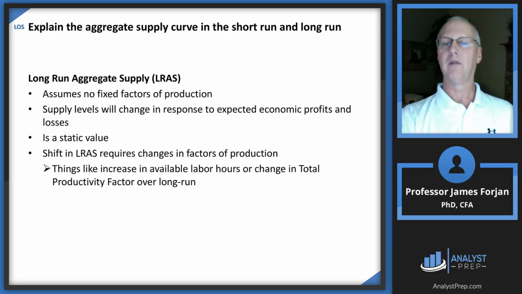Now, those supply levels change only in response to expected economic profits and losses, and that makes perfect sense with my donut example. There's no way that the owners of the donut factory would have expanded their factory capacity if they thought they were going to lose money. And so a shift in the long-run aggregate supply curve requires changes in the factors of production.